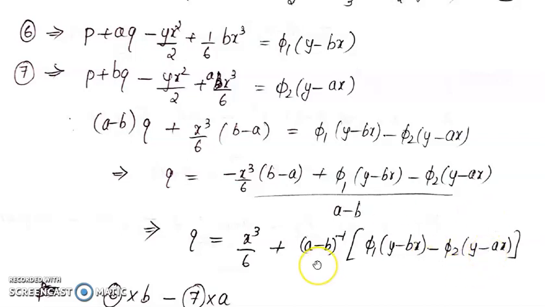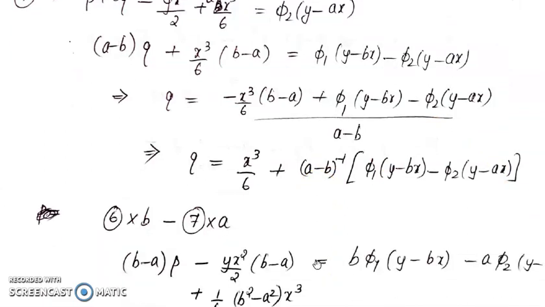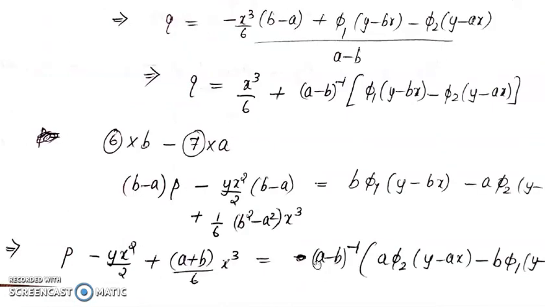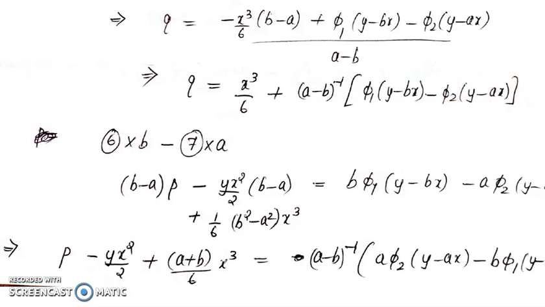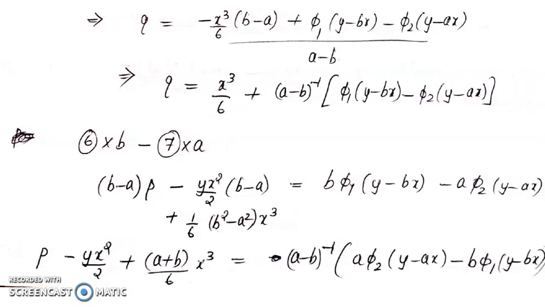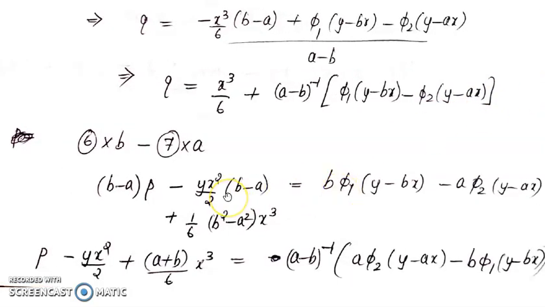ഇനി അതുപോലെ നേരത്തെ പറഞ്ഞ പോലെ q eliminate ചെയ്യുക. So you will get, so take 6 into b minus 7 into a. So you will get b minus a into p minus yx square by 2 b minus a equal to plus 1 by 6 b square minus a square x cube.